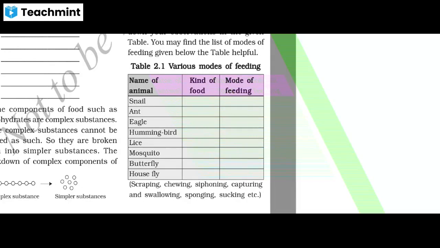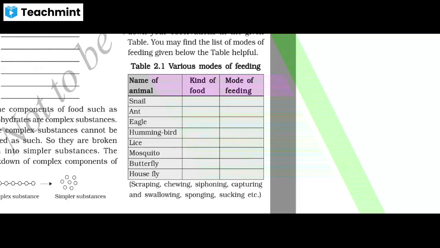But here, for the butterfly, the mode of feeding is siphoning. The mode of feeding is what? It is siphoning. Then housefly. The kind of food of the housefly is almost everything.